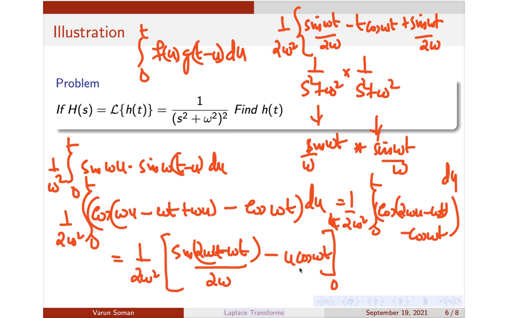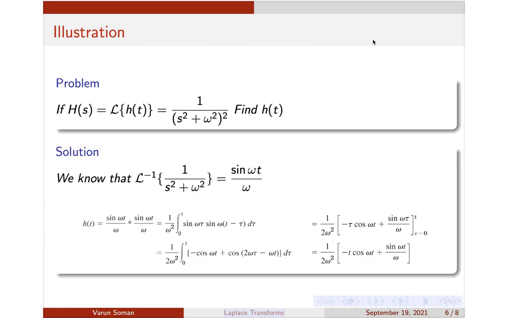When you substitute u as 0 here, this will be 0, so this is the answer. If you combine it together, it is simply sine omega t by omega minus t cos omega t, so that's the answer here. You can see the application.